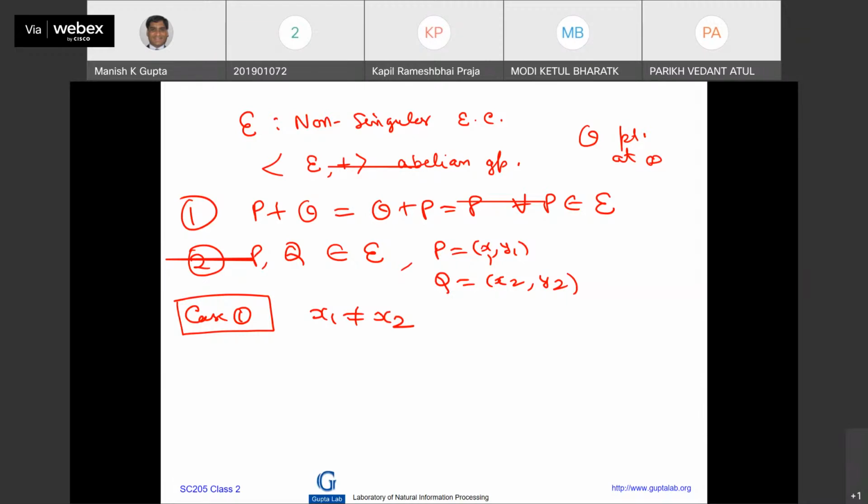So we are ready to describe this. I have to define addition of 2 points P and Q, where x1 is not equal to x2, that is given to us. Suppose L is a line through P and Q. So then what will happen?